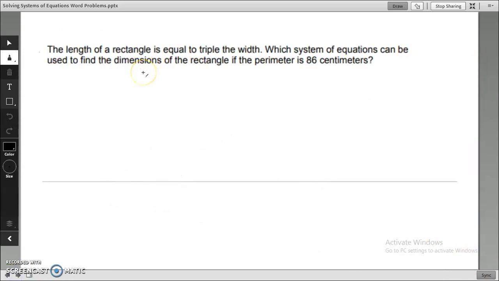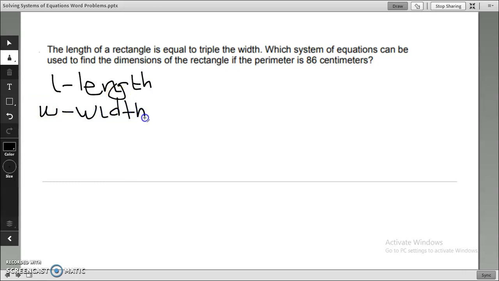Last one. All right, it says the length of a rectangle is equal to triple the width. Which system of equations can be used to find the dimensions of the rectangle if the perimeter is 86 centimeters? So let's say L is the length and W is the width. So remember, we always need to define our variables.